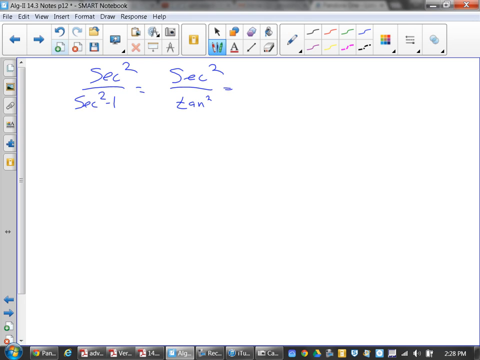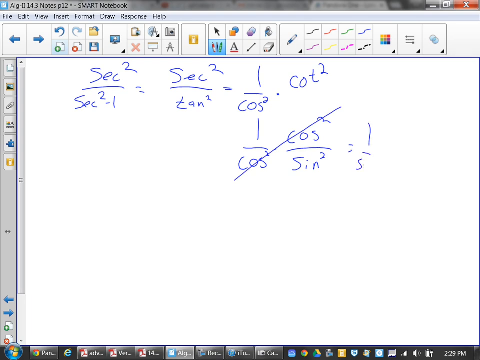This is 1 over cosine squared times 1 over tangent squared. When I have 1 over tangent squared, what's that the same as? Cotangent squared. What's cotangent squared in terms of sines and cosines? Cosine squared over sine squared. 1 over cosine squared times cosine squared over sine squared. 1 over sine squared is cosecant squared.